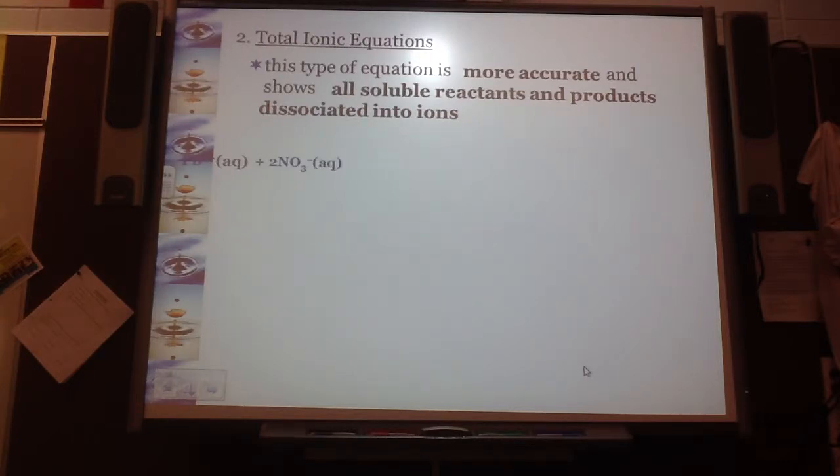Now, even before balancing, how would I know that I need to put a 2 in front of that nitrate? Right, because in the compound, there were 2 nitrates, so there needs to be 2 nitrates represented. I also have now my other compound. I have my 2 potassium. Again, there's 2 potassium because in the original compound, there were 2 potassium.